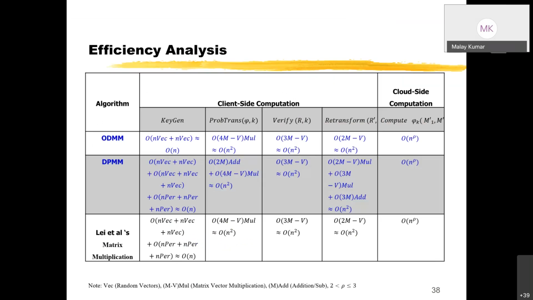So this is the efficiency analysis of the methods, and you can see that all the methods and the subsequent procedures while implementing the algorithm are never more than order of n square, and the computation performed over the cloud is in polynomial time, meaning order of n cube.